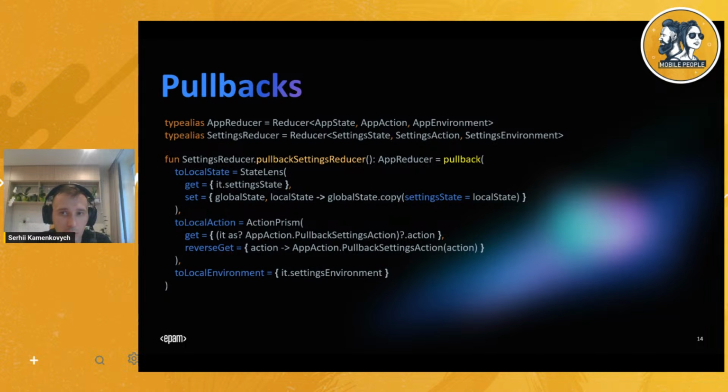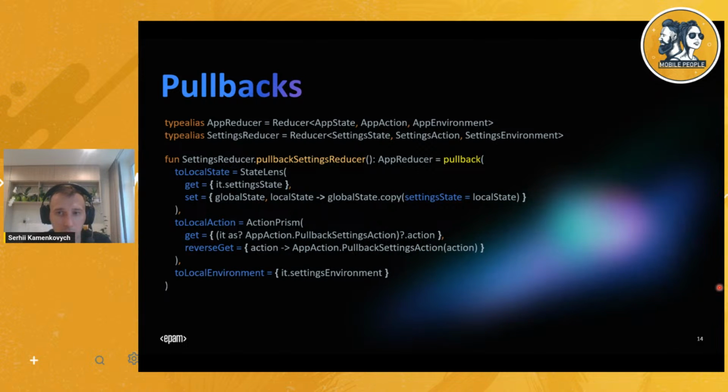Thus, when local store receives an action, it is first handled by local reducer, and then global reducer gets called with the result of state lens and action prism functions. In this case, it is set, so the new state is modified by this function for global, and the reverse get provides us a corresponding app action to be consumed by app reducer.